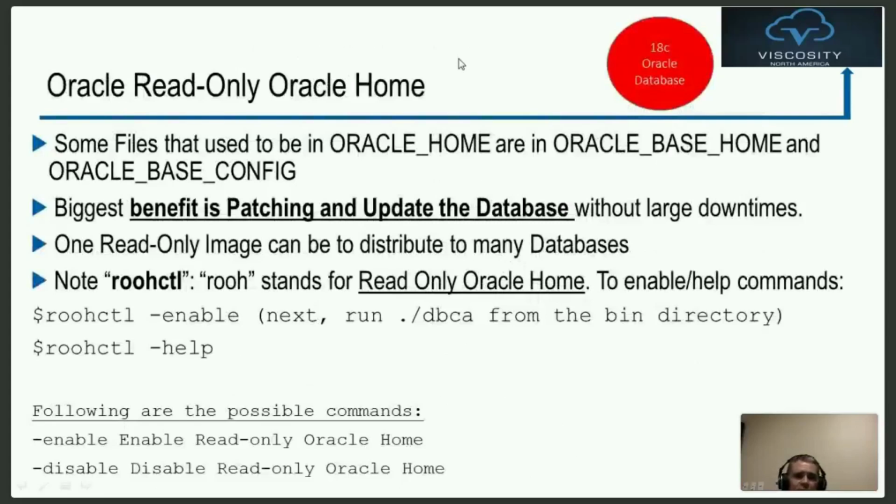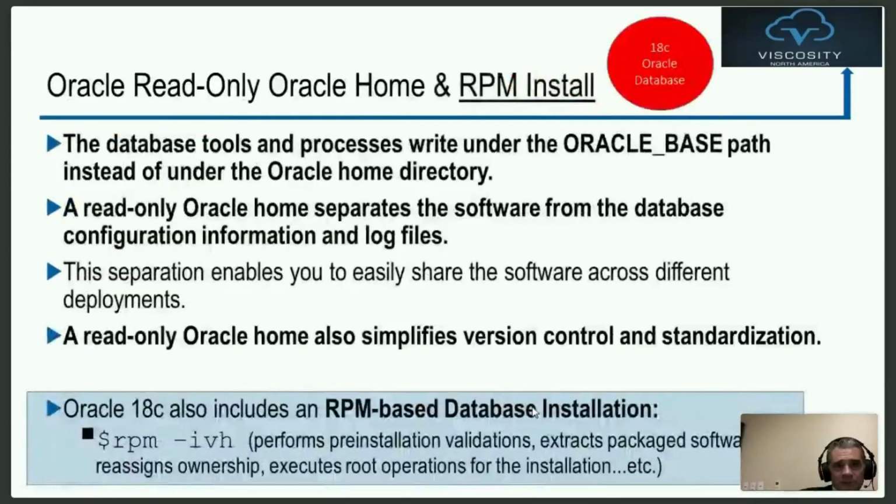Oracle on 18c also built a read-only Oracle home. As I'm patching and updating the database, I just want to change one Oracle home that many people are using. I could build this, notice the acronym: roohctl -enable, roohctl -help. So it's made pretty basic.